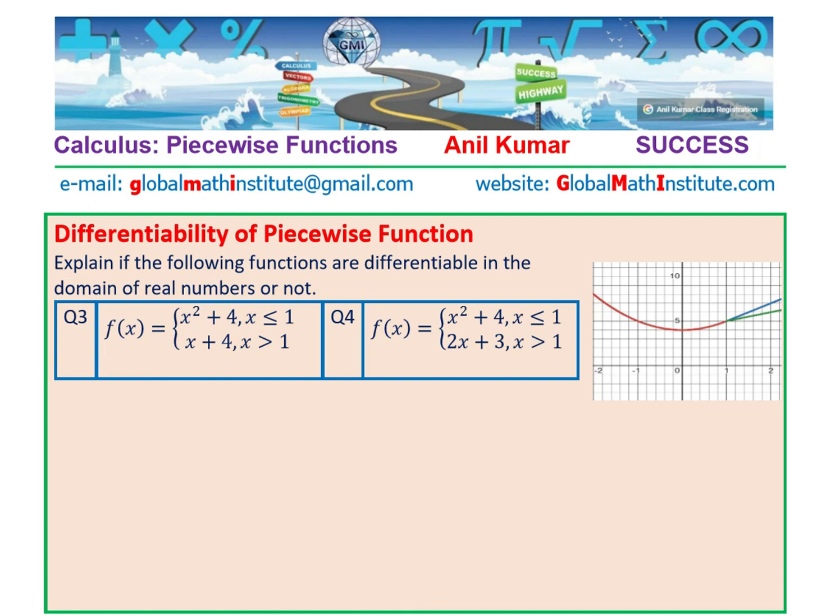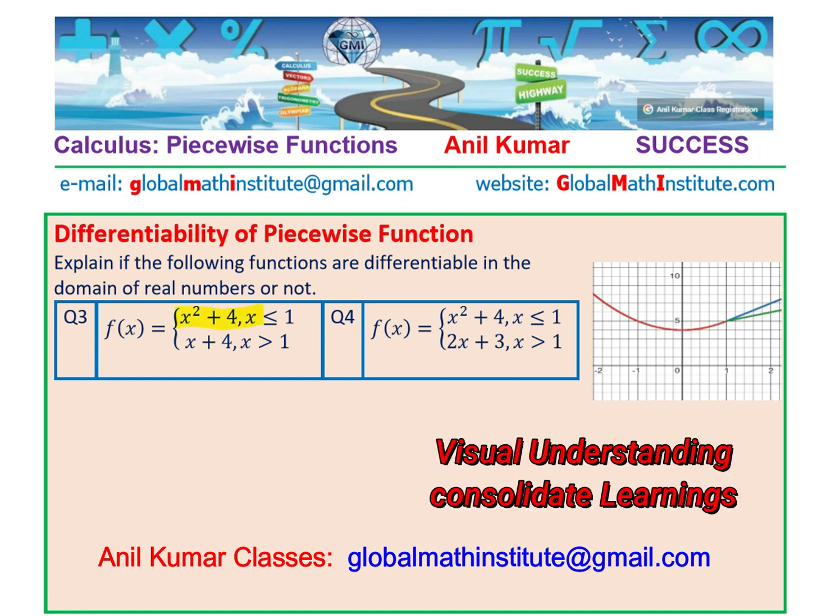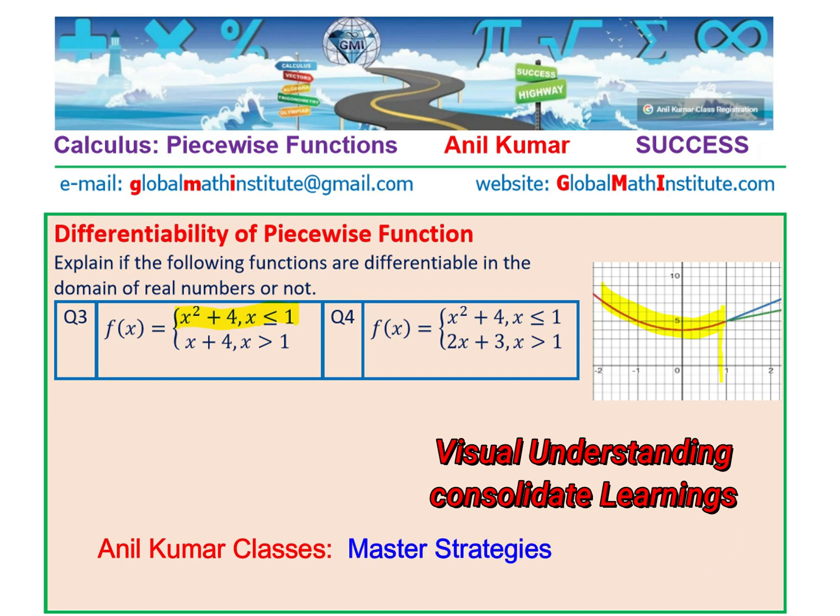So same example, what I've done here is sketch the graph of the arm x squared plus 4 when x is less than or equal to 1, which is the red graph. You see that? Till 1, in both the cases, we are looking into a parabola, which is x squared plus 4. But after 1, we have two straight lines. As you can see, the graph on top, which is represented with a steeper slope of 2x plus 3, is continuous.